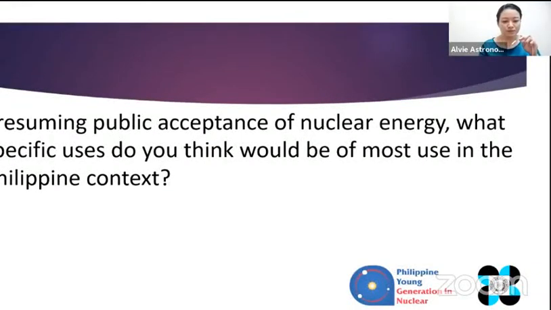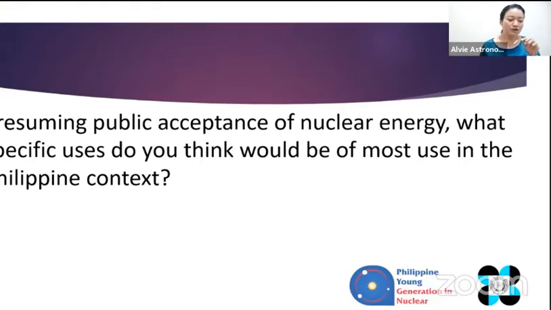Not also sure if I interpret the question right, but my understanding is if in terms of use, nuclear power plant, of course, the main purpose is to generate electricity, which could help increase yung supply to match the demand.